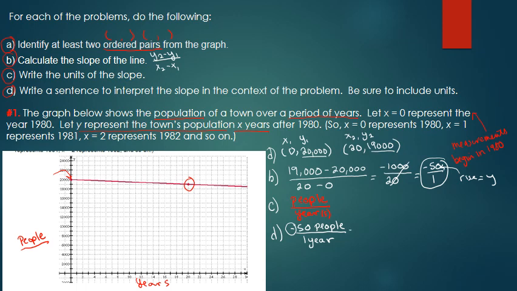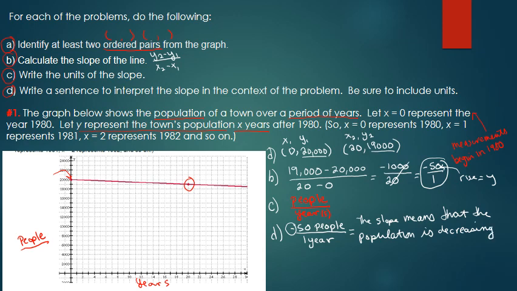So now we need to write this as a sentence. So the slope means that the population is decreasing. And again, the decreasing comes from that negative on the 50.